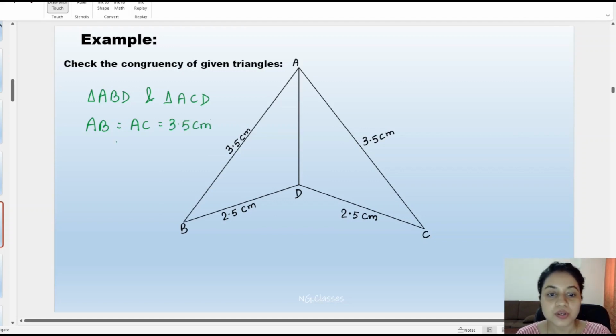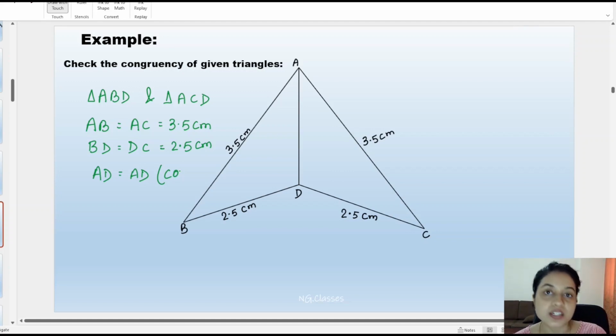And also side BD is equal to side DC, and side AD is the common side in both triangles. So if side AD is 5 centimeters in one triangle, in the other triangle its measurement will also be the same.